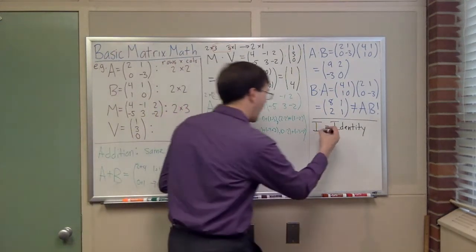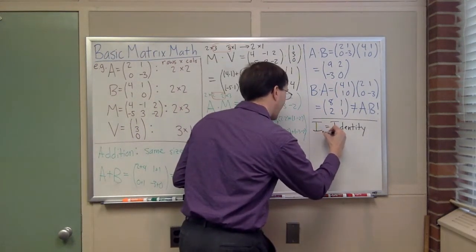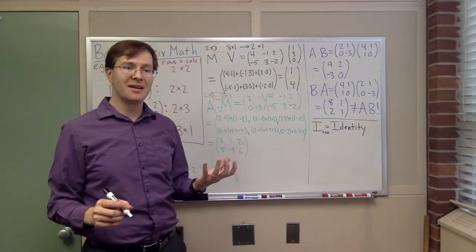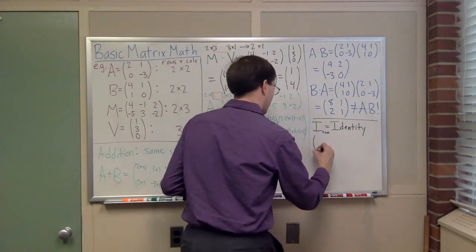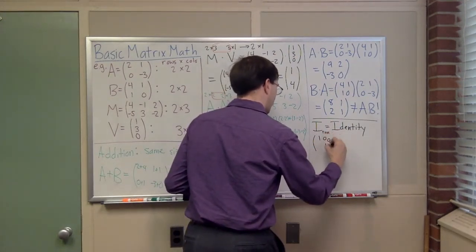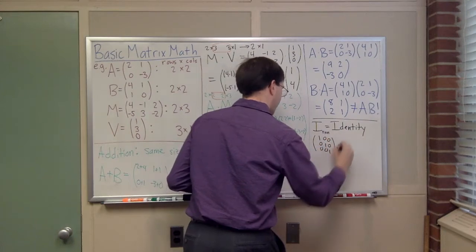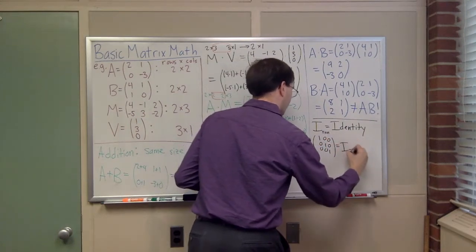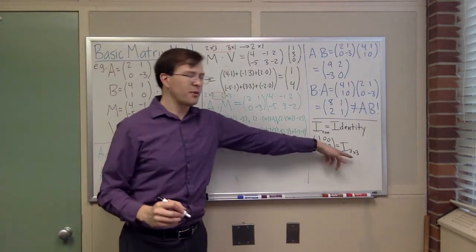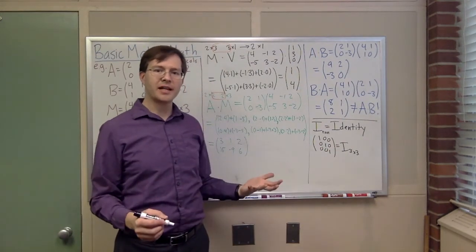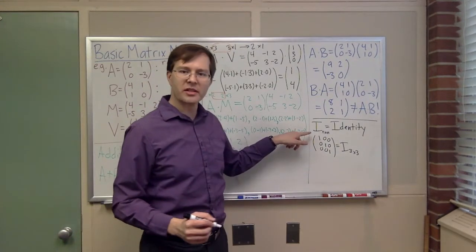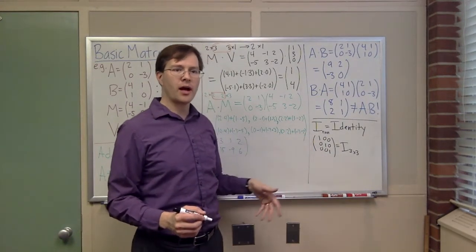And really it's I subscript n by n, because every identity matrix is a square n by n matrix, and it is just 1s on the diagonal and 0s everywhere else. So this would be I 3 by 3. Often we'll leave out the 3 by 3 subscript because it's obvious in context what you're multiplying by, what fits there. But this is where it's just 1s down the diagonal and 0s everywhere else.